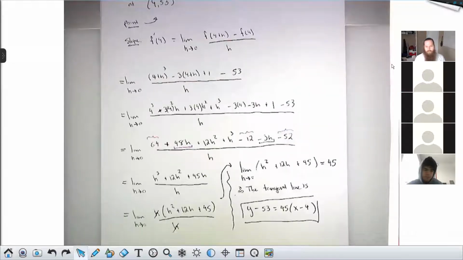Right, so maybe something more along the lines of the concept of a derivative, like what that can do to certain problems.